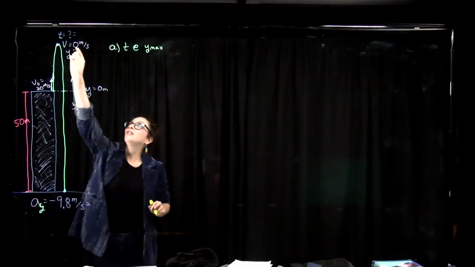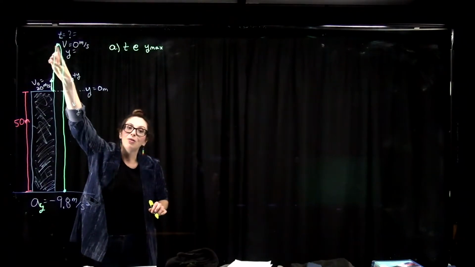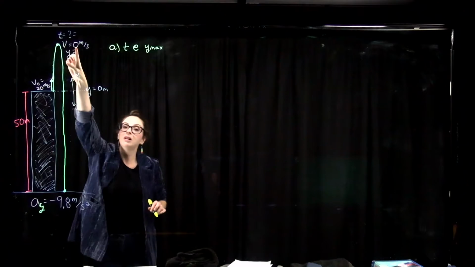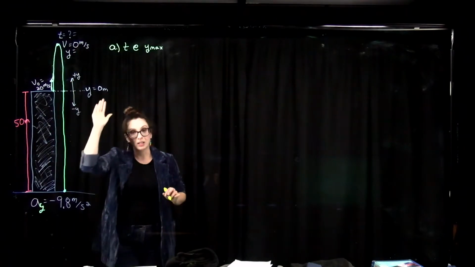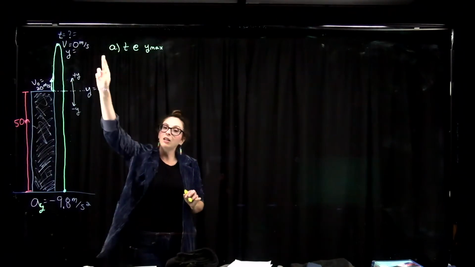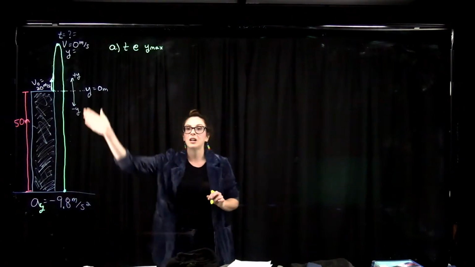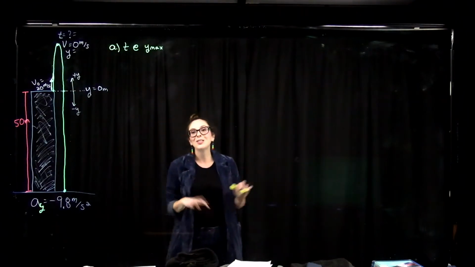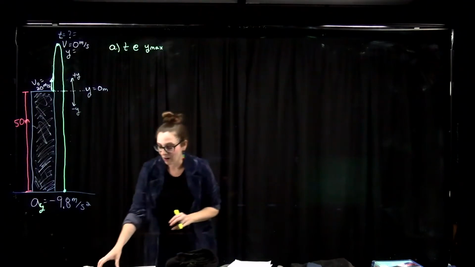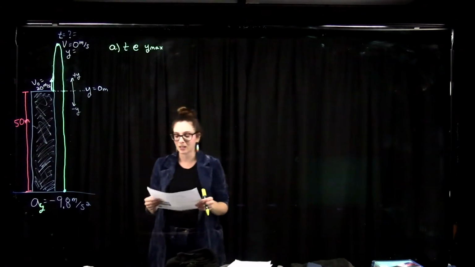So the y velocity right here for our stone is going to be 0 meters per second at its max height. So that's another thing that we know. We know acceleration, initial, final velocity. We can use that to find the time at our peak height, maximum height.